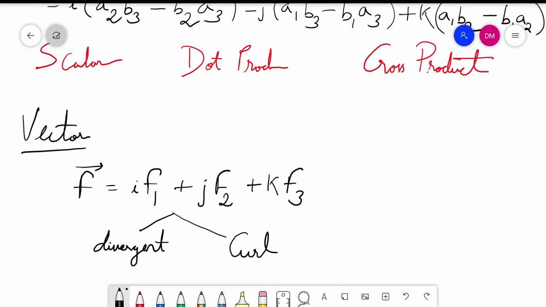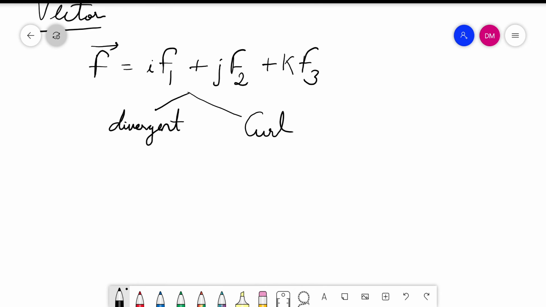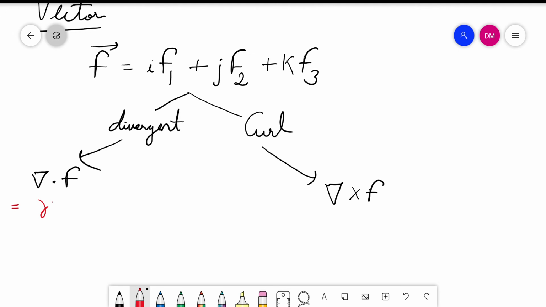First, let's talk about the divergence part. Divergence is delta dot F, and curl is delta cross F. Divergence can be written as dou F1 by dou X plus dou F2 by dou Y plus dou F3 by dou Z.